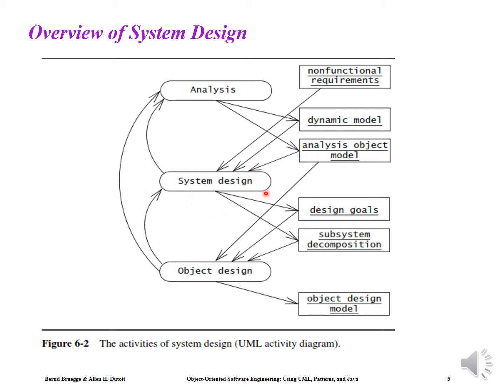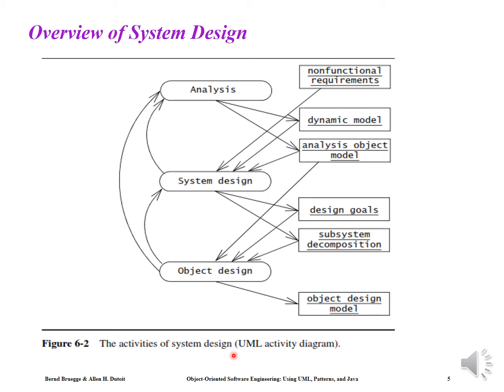Now system design has the following outcomes or products: design goals, which are basically derived from non-functional requirements, and then subsystem decomposition, the dependencies among subsystems, and the responsibilities of subsystems. So these are basically the outcome of system design.